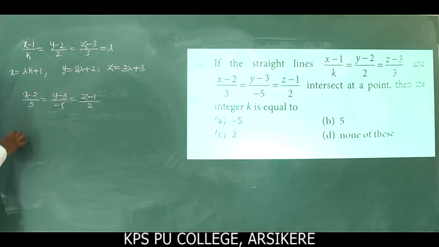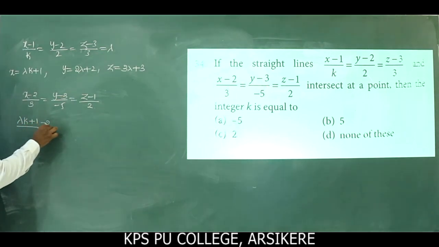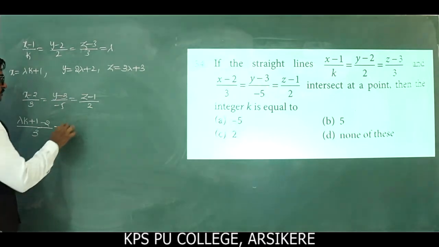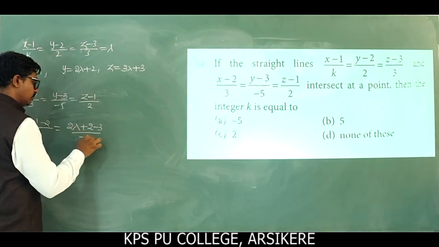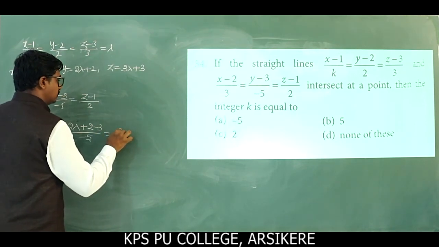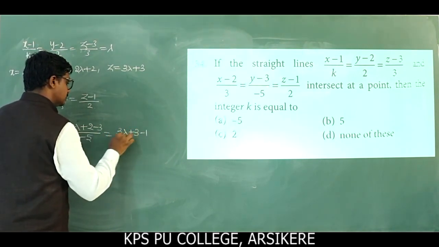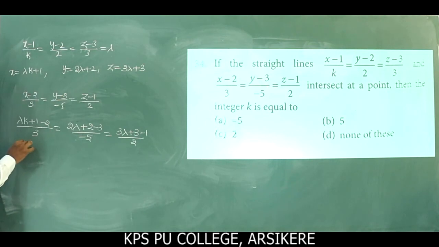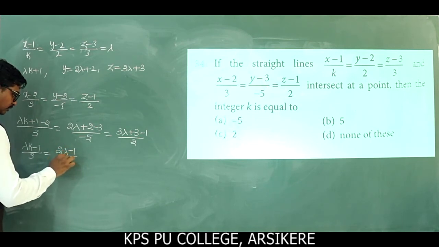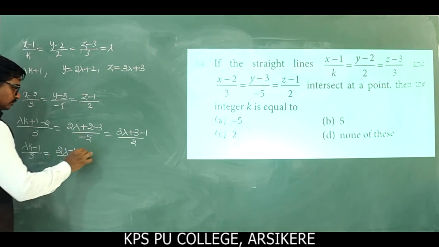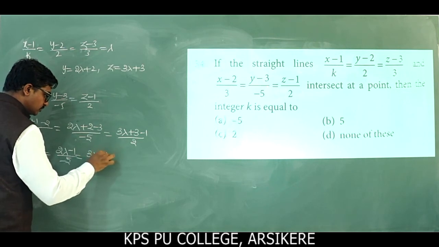X value is lambda into k plus 1, minus 2, divided by 3, equal to y, which is 2 lambda plus 2 minus 3, divided by minus 5, equal to 3 lambda plus 3 minus 1, divided by 2. Simplification: this is (lambda k minus 1)/3 = (2 lambda minus 1)/(minus 5) = (3 lambda plus 2)/2.